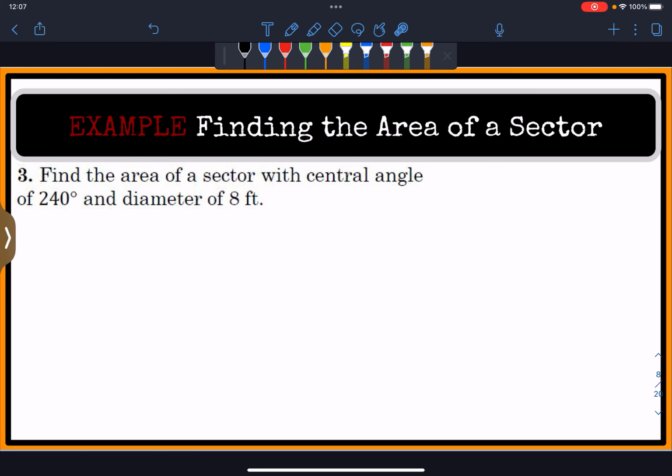Let's find the area of a sector with a central angle of 240 degrees and a diameter of 8. So we have a central angle theta that's 240 degrees. We need to first convert that into radians. So we're going to multiply by a conversion of pi over 180.